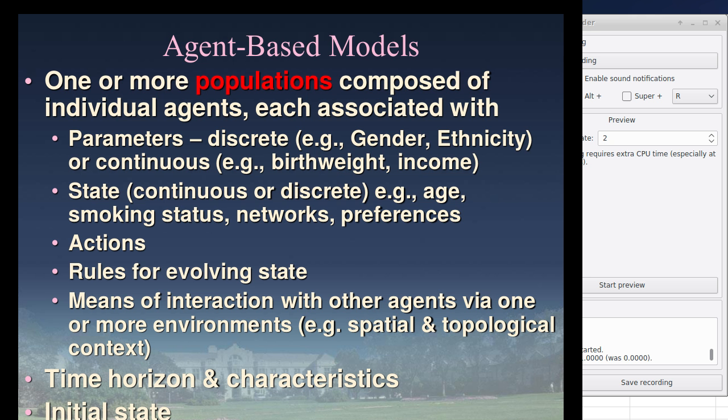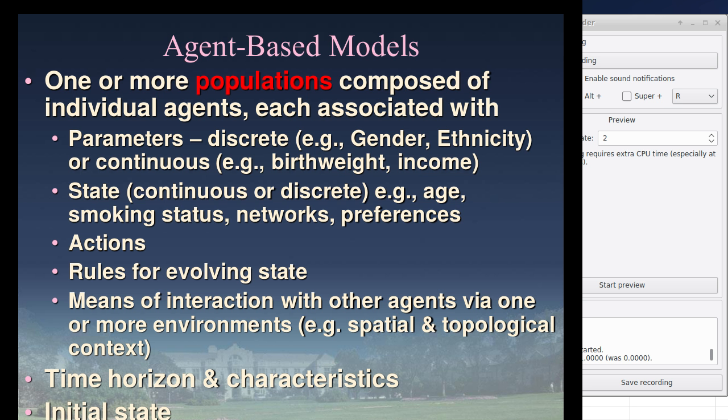State is things about them that are changing, their age, their smoking status, their preferences, their networks, etc. And there's actions by which they might interact with other people and things that will change their state over time, okay? And you're going to hear on tomorrow, the Parte framework, which provides a structured way of thinking about this that's a very useful context.